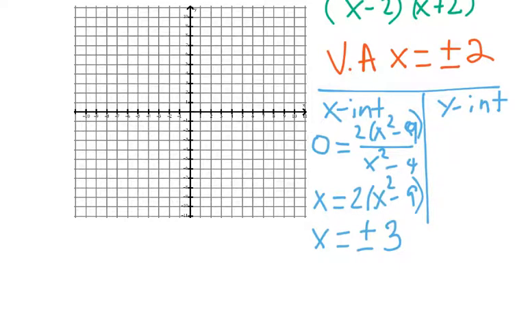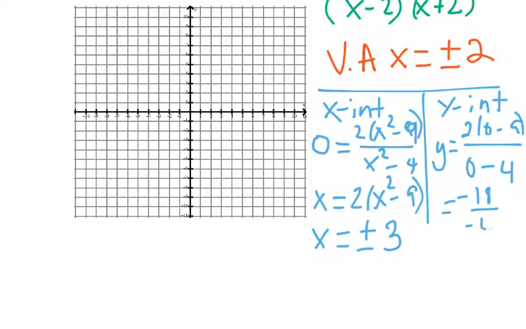We want to do the same for the y-intercept. That means when x is 0. So if you plug in, we're going to check y when x is 0: 2 times 0 minus 9 over 0 minus 4. 0 minus 9 is negative 9, so we get negative 18 over negative 4.